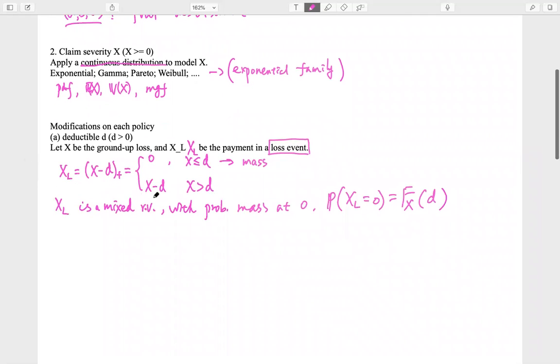And from here we can also get the PDF. Oh, it's not exactly PDF, it's the PF and PDF of X_L, right? So we already derived, so you should know how to compute this.